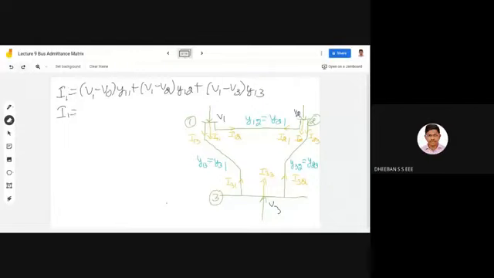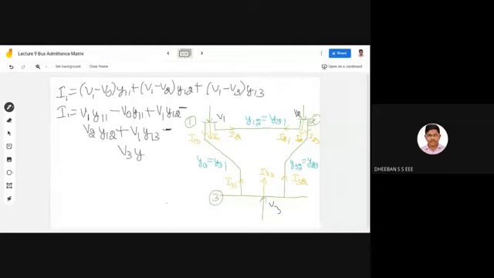Okay, we'll be just multiplying inside. So it will be V1 Y11 minus V0 Y11, plus V1 Y12 minus V2 Y12, then plus V1 Y13 minus V3 Y13.